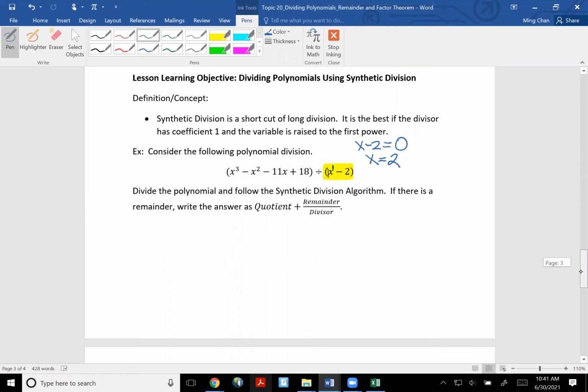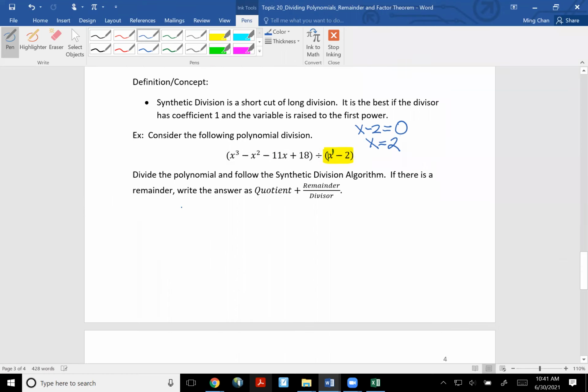Synthetic division is an upside down division. On the inside, we will write the dividend. On the outside, we will write the divisor, which now we are pretending is 2. We are pretending x minus 2 is a factor, therefore we are pretending 2 is a zero of the polynomial.